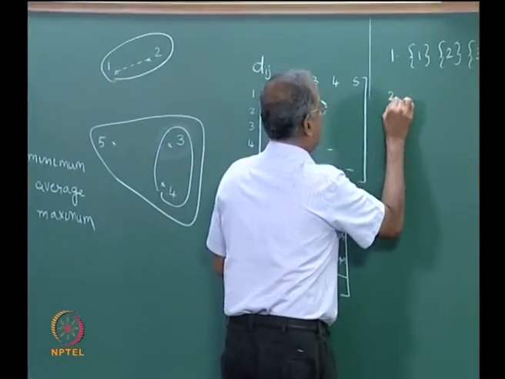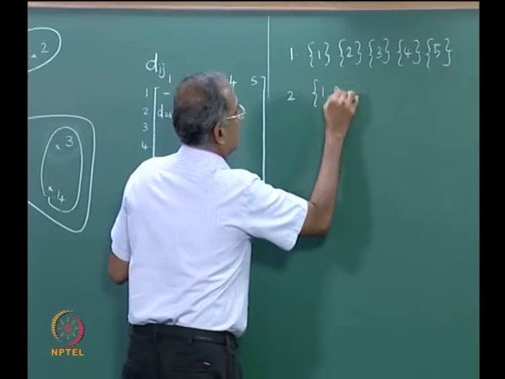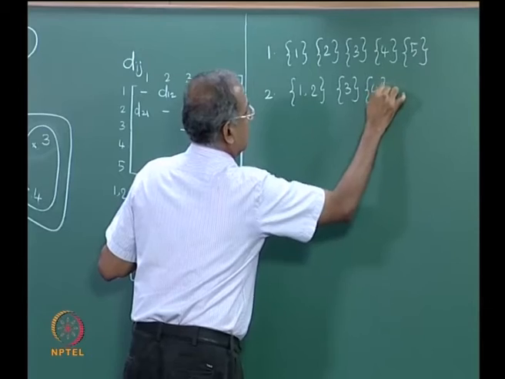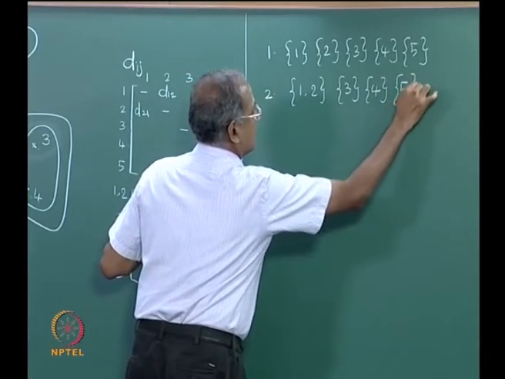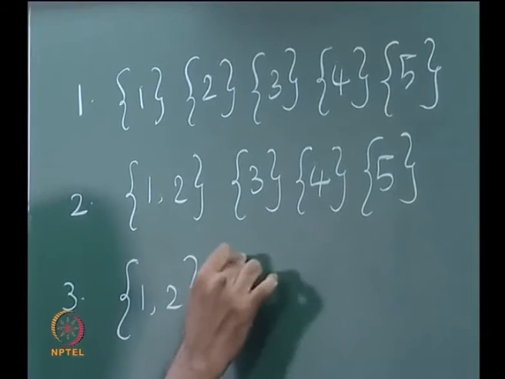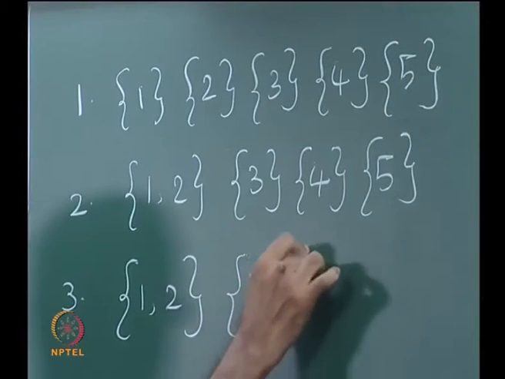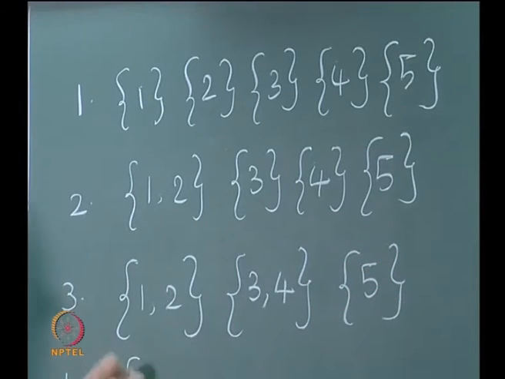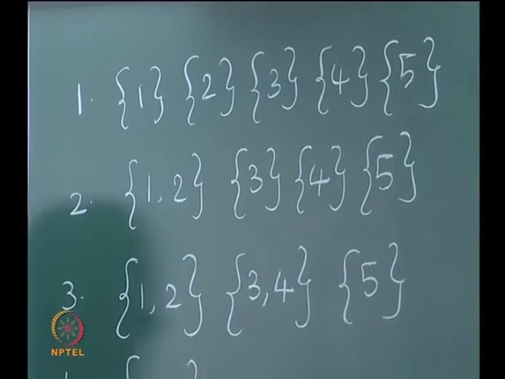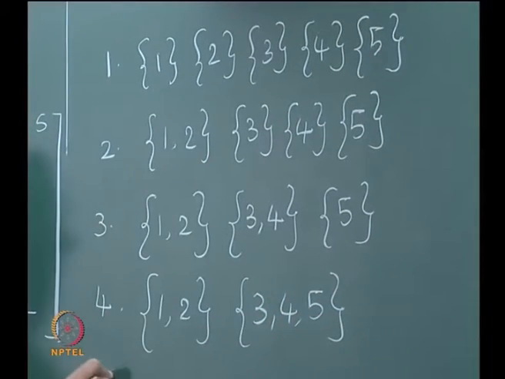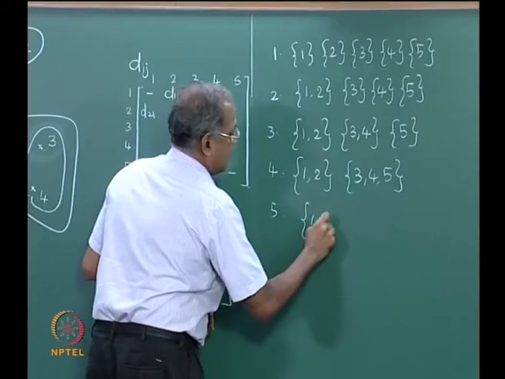Then we did 1, 2, 3, 4, 5. Then we did 1, 2, 3, 4 and 5. Then we did 1, 2, 3, 4, 5, and then we have.